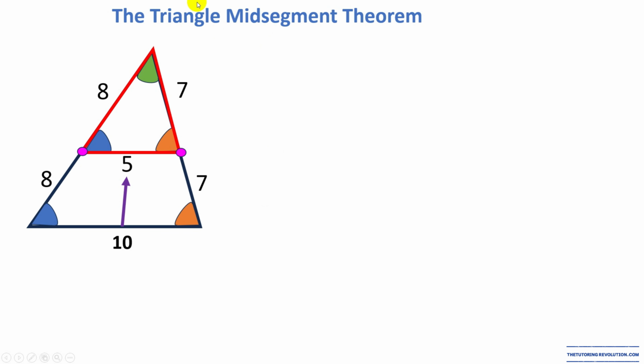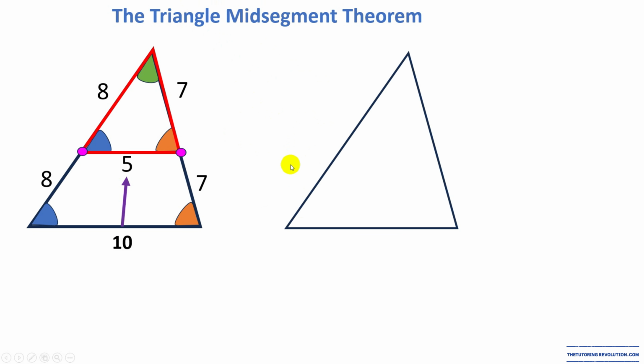And that's basically what the triangle midsegment theorem says. Okay, it says that you have a triangle and you place a midpoint here, which divides this side in half, and you place a midpoint here, which divides the other side in half, and you join those midpoints, you create the midsegment, which is this segment here.